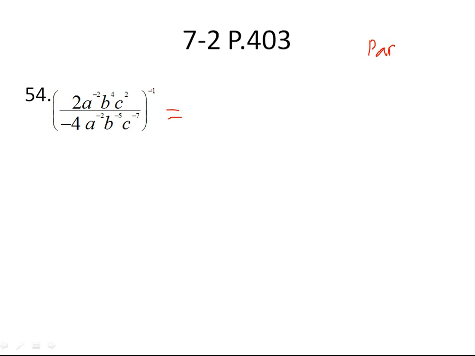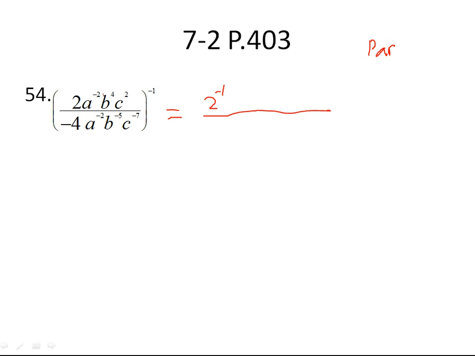If you had a 3 up here, you would apply it to every factor on the numerator and denominator, and now that it's negative, you still do the same thing. So we take this 2 as the first factor and raise it to the -1 power.